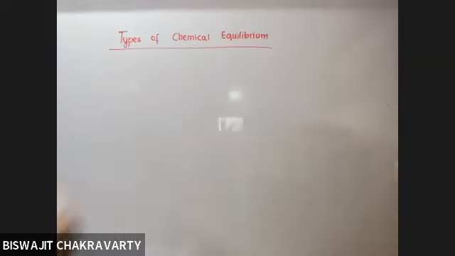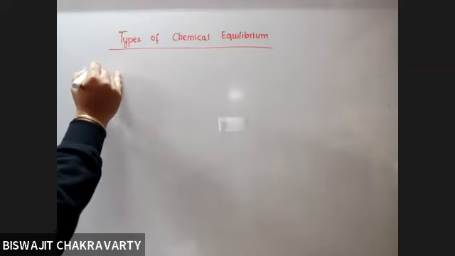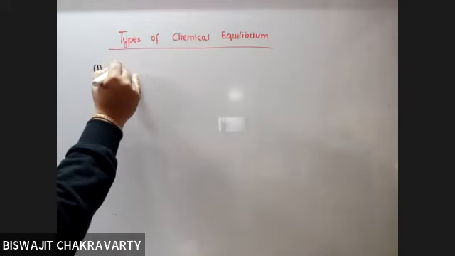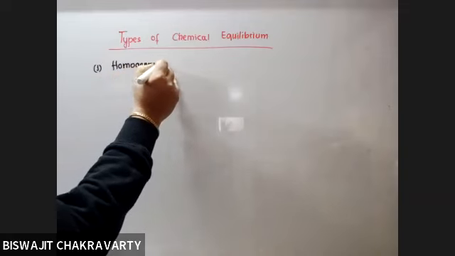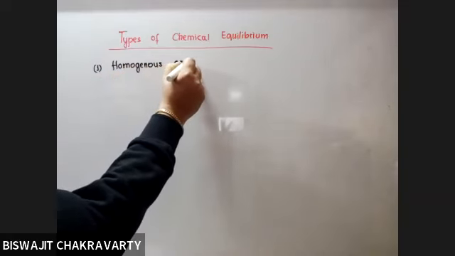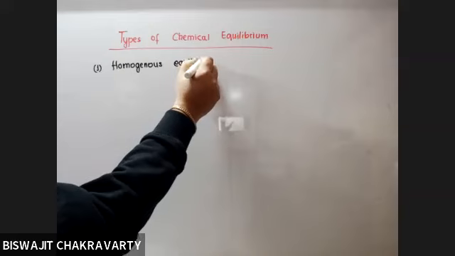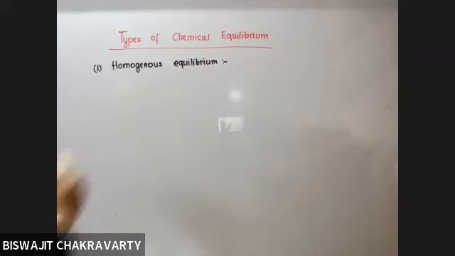So chemical equilibrium can be further subdivided into two types, remember. One of them is called homogeneous equilibrium. Homogeneous equilibrium. Now, what is homogeneous equilibrium?